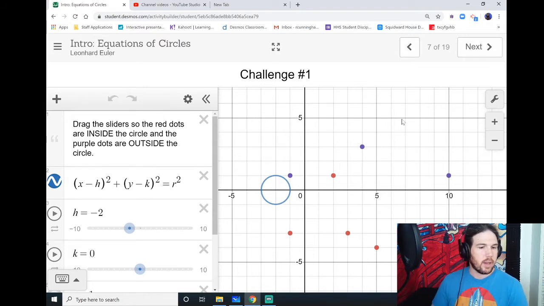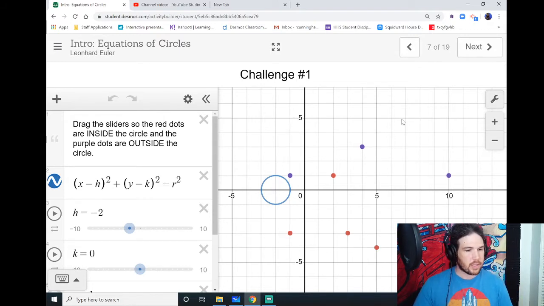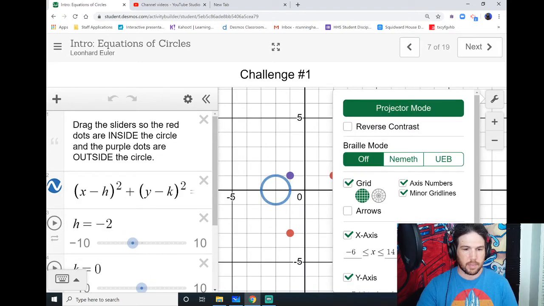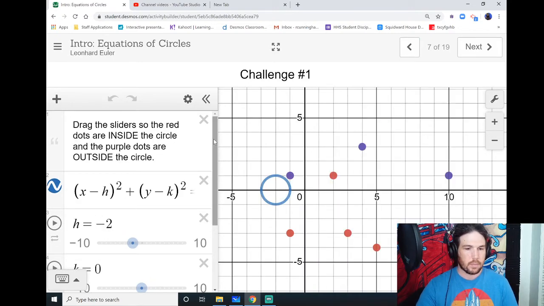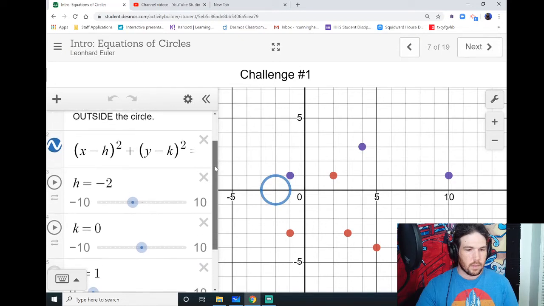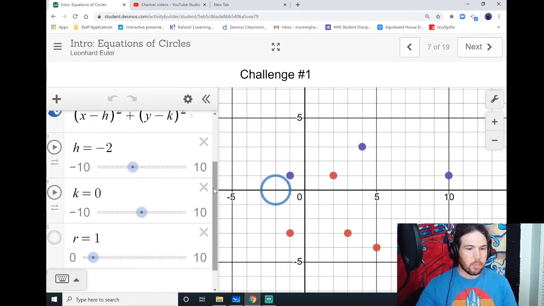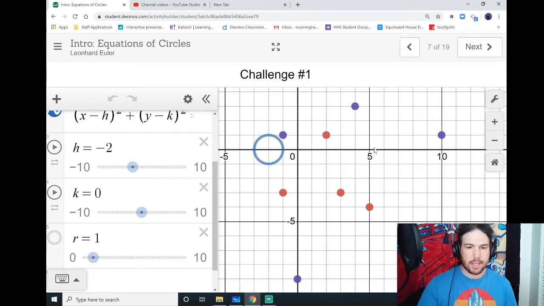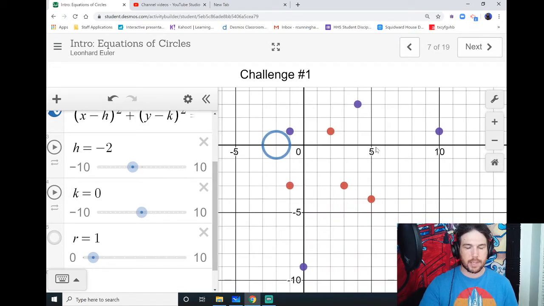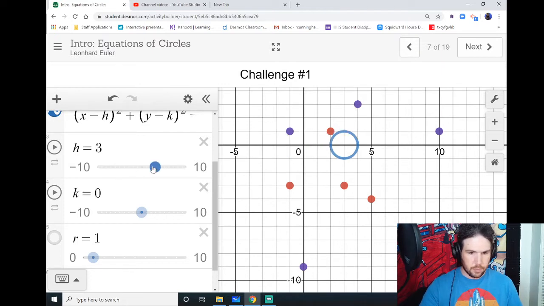Challenge number 1. Drag the sliders so that the red dots are inside the circle and the purple dots are outside the circle. Now let's make that a little bit easier to see. All right, so I'm going to move h and k around so that it contains all of those red points but doesn't contain any of the purple points. So let's see, let's move it to the right a little bit, maybe move it down.